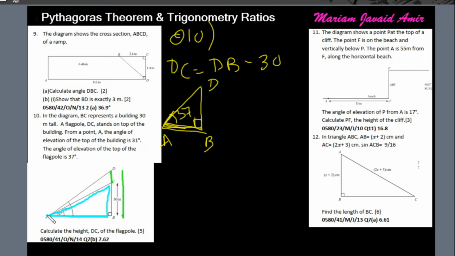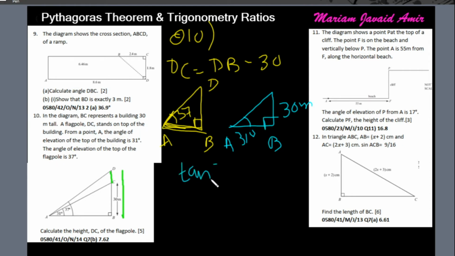So in this smaller triangle I have an angle of 31 degrees. I have 30 meters and I can find AB here using tan theta. So tan 31 equals perpendicular over base. Perpendicular is 30, base is AB.